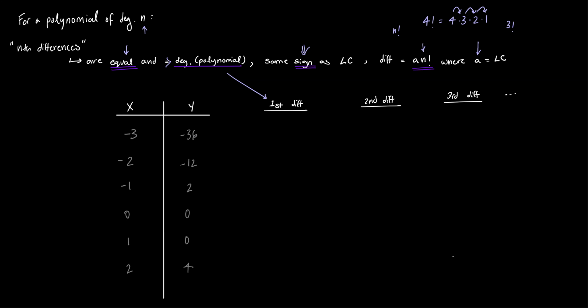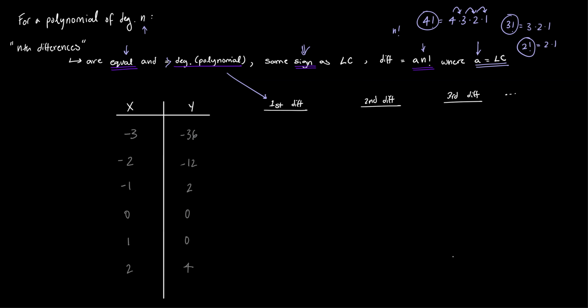If I had 3 factorial, it's going to be equal to 3 times 2 times 1. If I had 2 factorial, it's going to be equal to 2 times 1. And factorials are denoted with this exclamation mark notation here. So that's going to be relevant to know if you want to calculate the leading coefficient using nth differences.